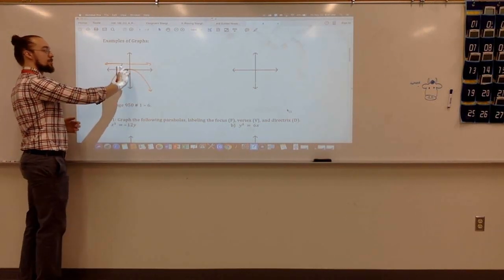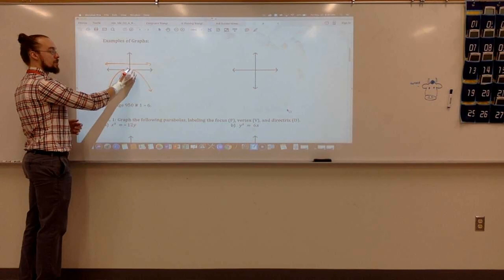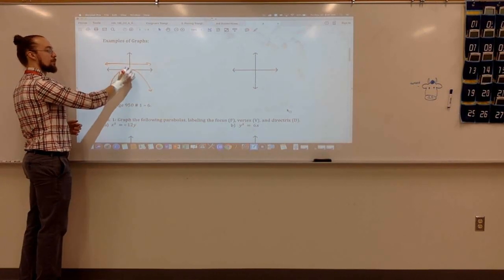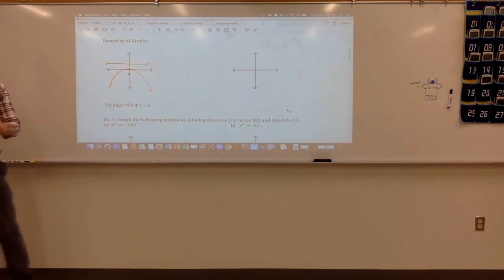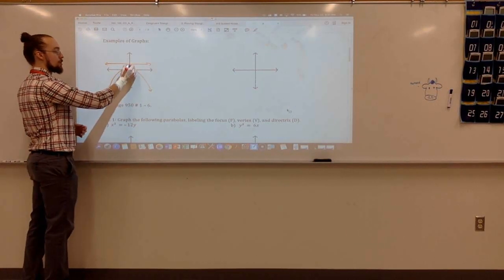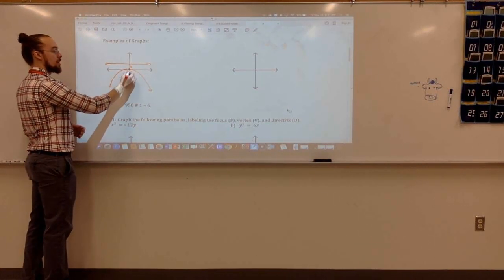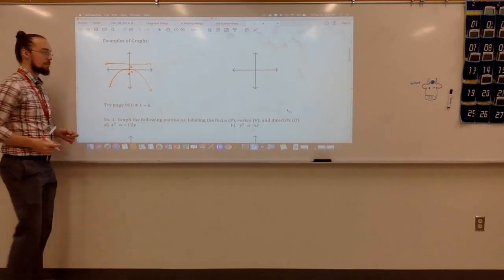Again, the distance from the focus to the vertex is a, and the distance from the vertex to the directrix is also a.